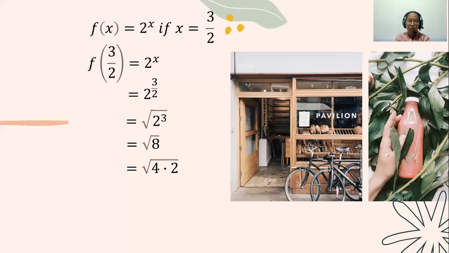So extracting that, we have f of 3 halves is equal to 2 square root of 2, or 2 times the square root of 2, for the value of f of 3 halves. I hope you were able to recall radical expressions, so I will not discuss much on that.